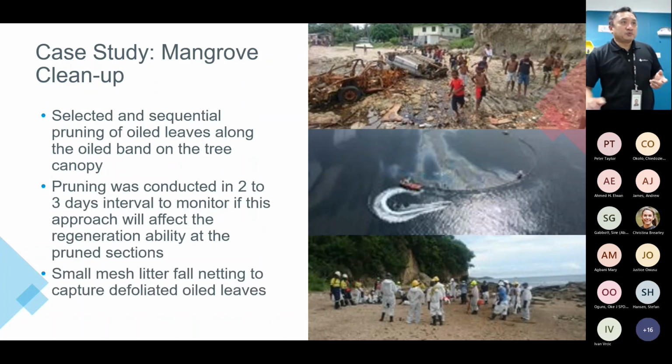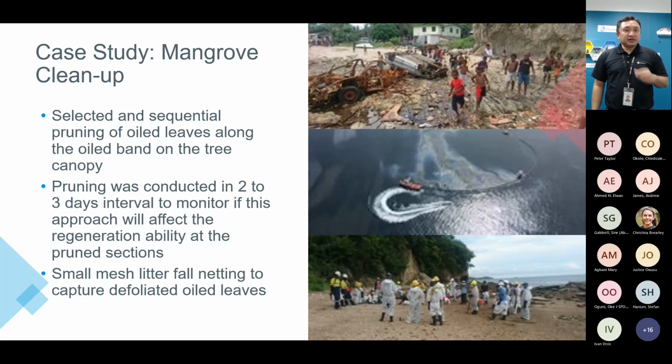So what they did was, for the mangrove shoreline that was affected, of course, at this time, we worked with the country's experts on mangrove. So their advice was, we did assess the mangrove shoreline, and then we tried to select and did a sequential pruning of oiled leaves along the oil band of the tree canopy. So whatever is heavily oiled, we did assist in pruning the oiled leaves.